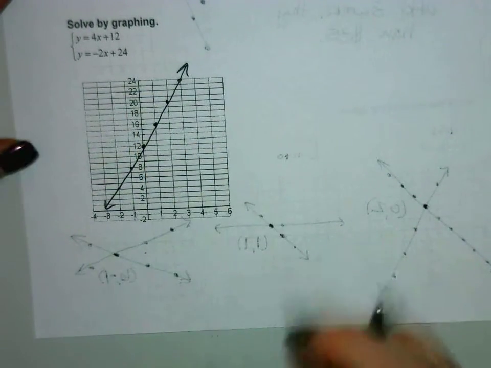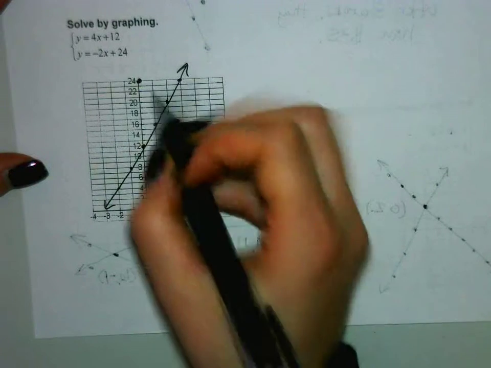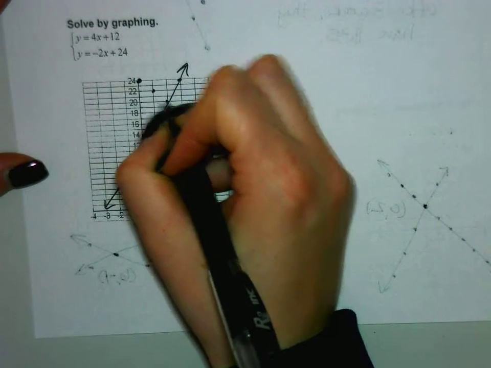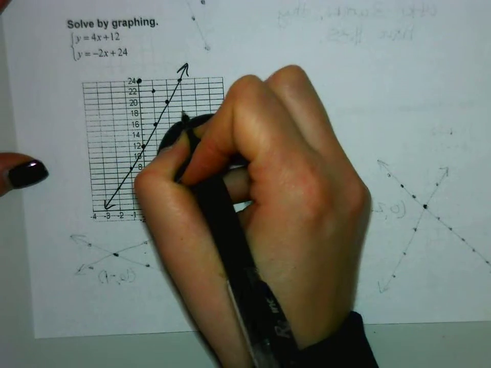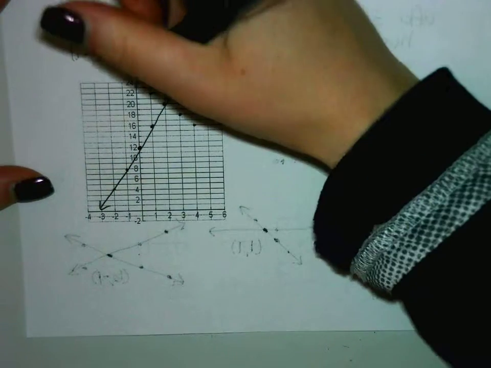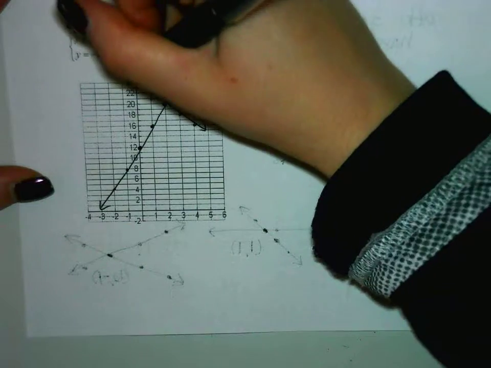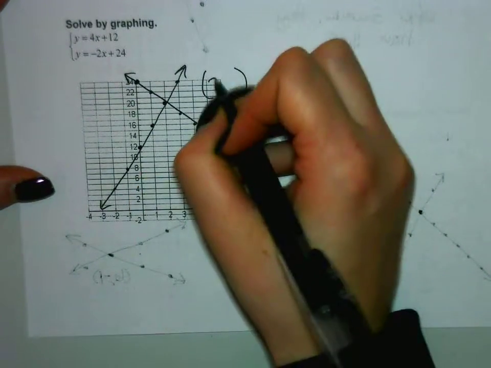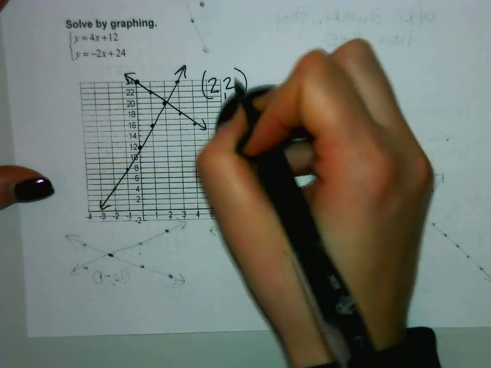So let's graph our second one. We're at a positive 24. Slope of negative 2, so down 2 to the right 1. So our solution is where they intersect, at a positive 2 on the x-axis and a positive 20 on the y-axis.